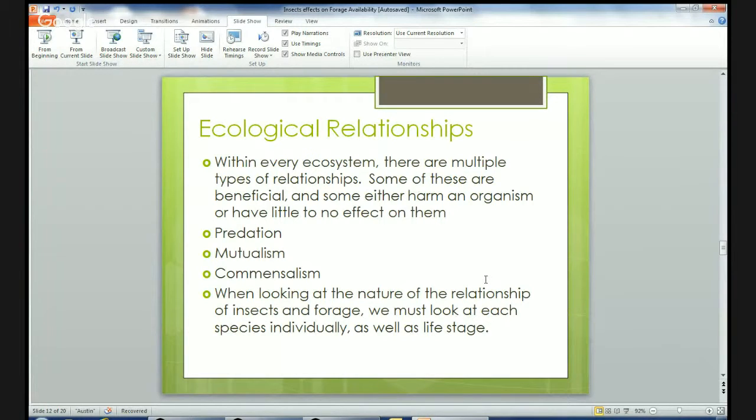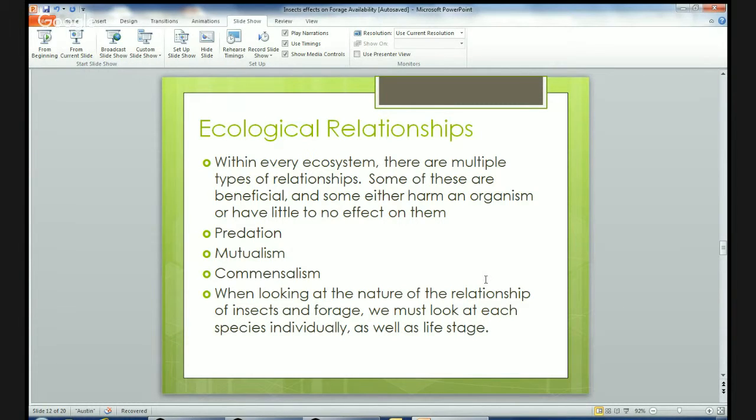When looking at the nature of the relationships of insects and forage, we must look at each species individually. The purpose of this presentation is not to be the end-all be-all for all of your insect and forage availability questions. It's just supposed to get you thinking about insects and forage availability, because there are so many different species in so many different locations.